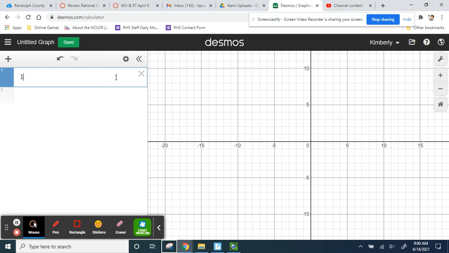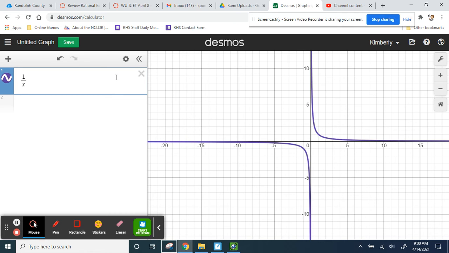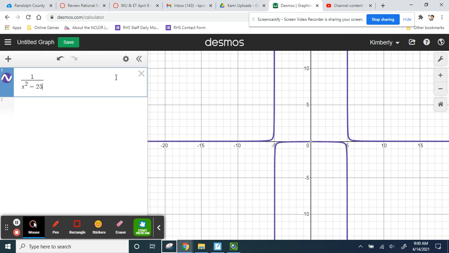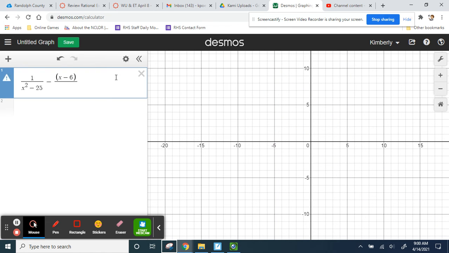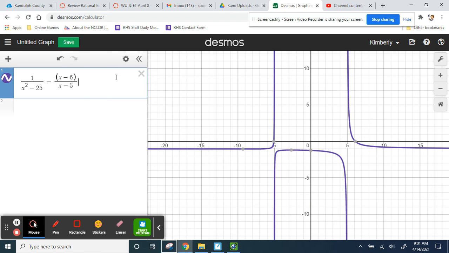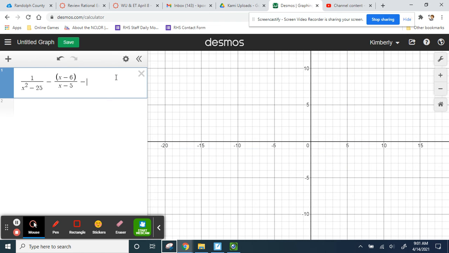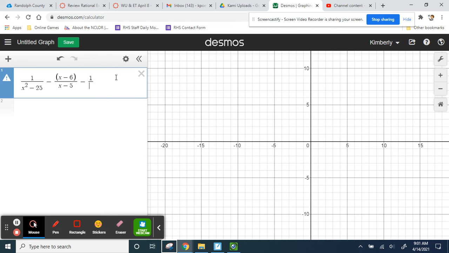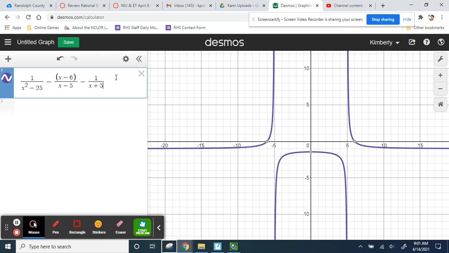And we're typing in 1 over, you have to use x's here, x squared minus 25, okay, minus, okay, x minus 6, and be sure you put that in parentheses, over x minus 5, and then arrow over, and then minus 1 over x plus 5.